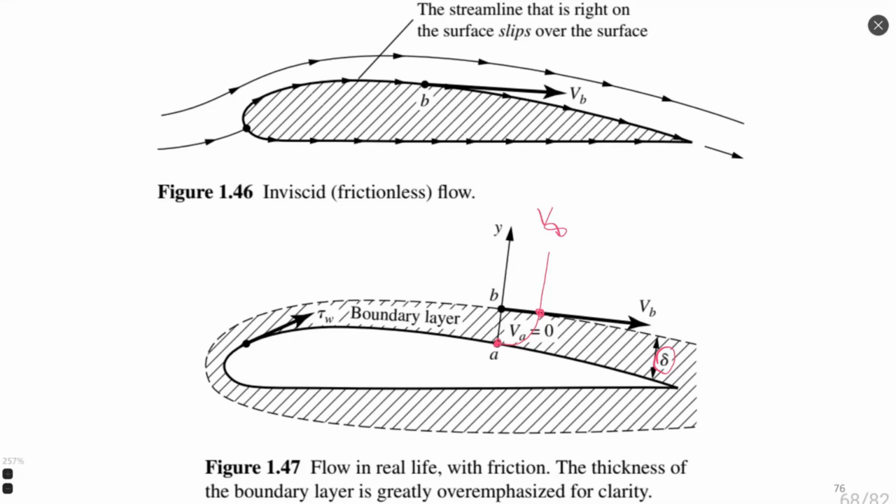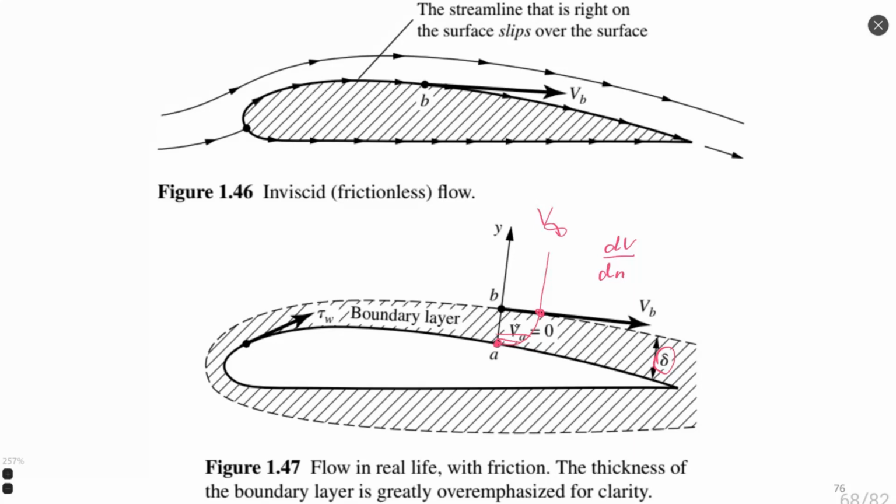Okay, so usually we can calculate the thickness of the boundary layer just by looking at the gradient of velocity like dV by dn. This is the normal direction to the wall, right?